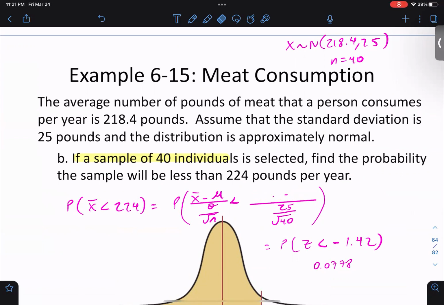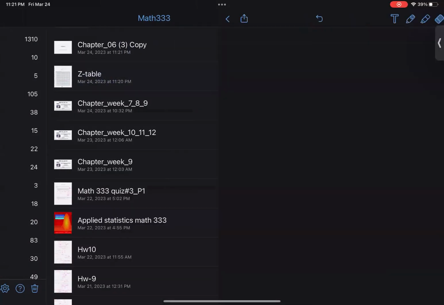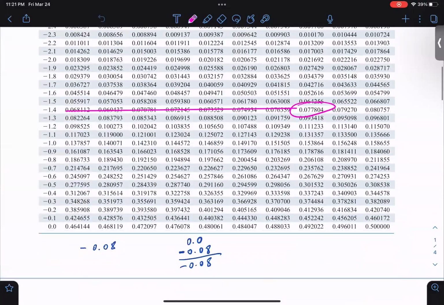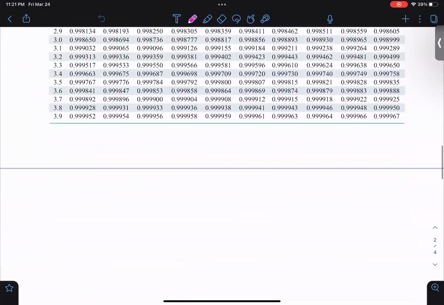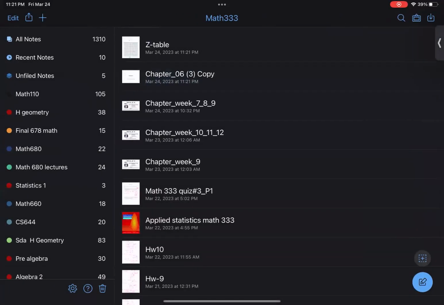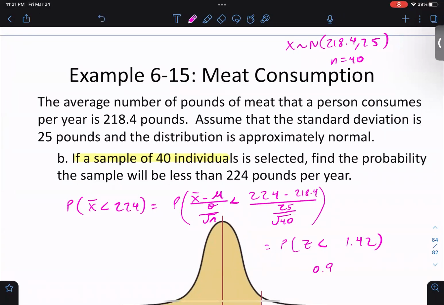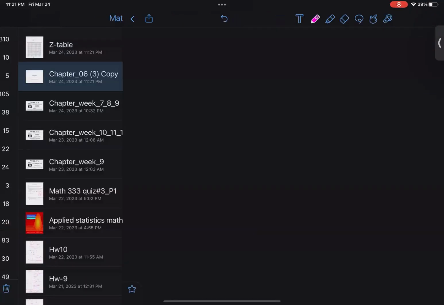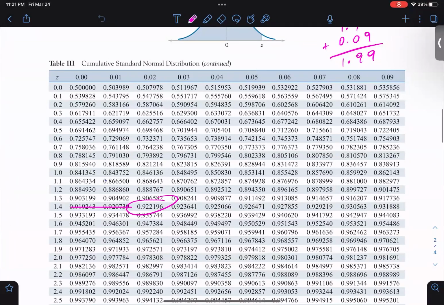I did it backwards. This is 224, I'm sorry, and this is supposed to be 218.4. Now you're going to get a positive value, so you need to look for 1.42. That's the only mistake. Looking at the table, the answer is 0.9222.